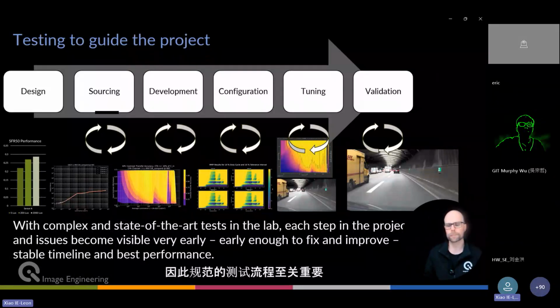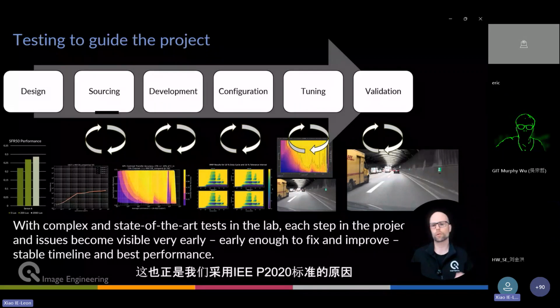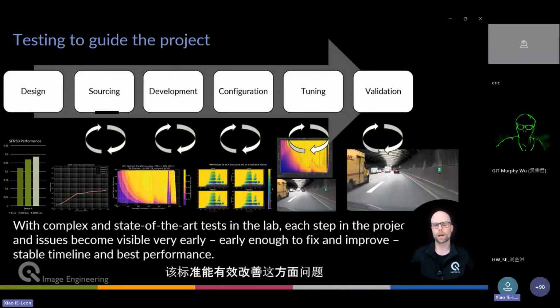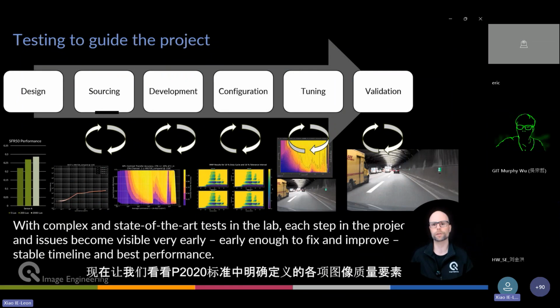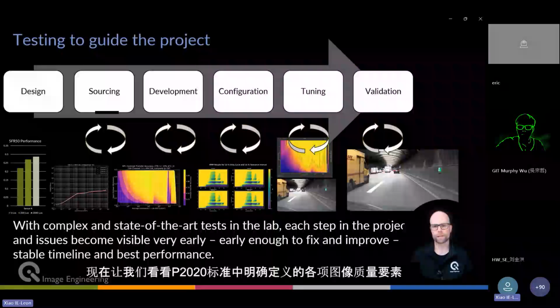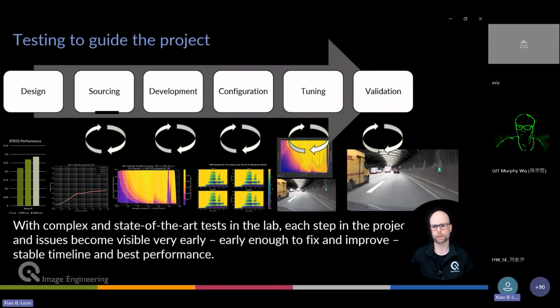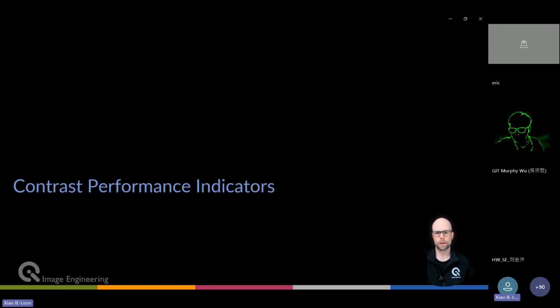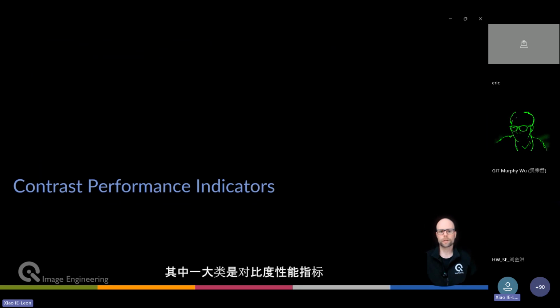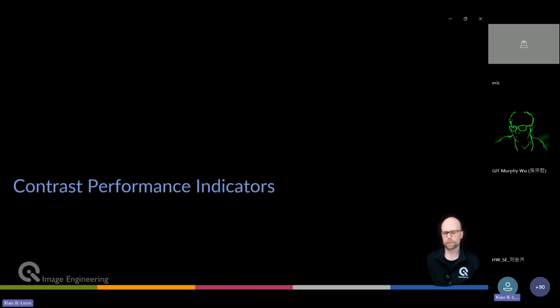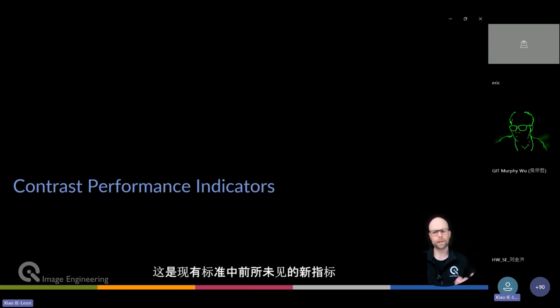Okay, so that's why proper testing is important, and that's also why we have IEEE P2020 as a standard, so that you can improve on this side. So let's have a look at the different aspects of image quality factors that are defined in IEEE P2020. One category is the contrast performance indicators. That is something that is actually new.